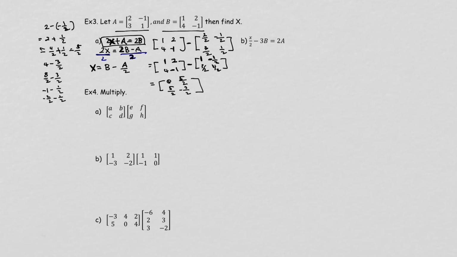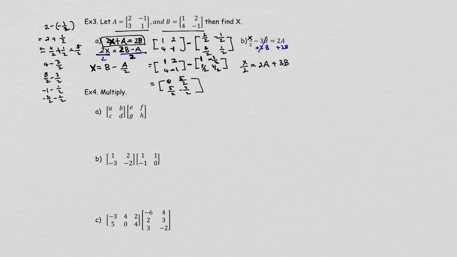Let's try one more time. Let's solve for x first. If we solve for x, I will add 3B to both sides. Then I get x over 2 equals 2A plus 3B.